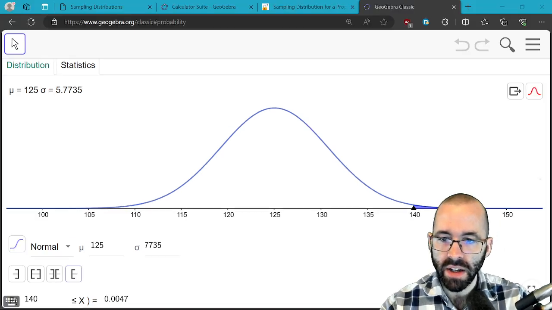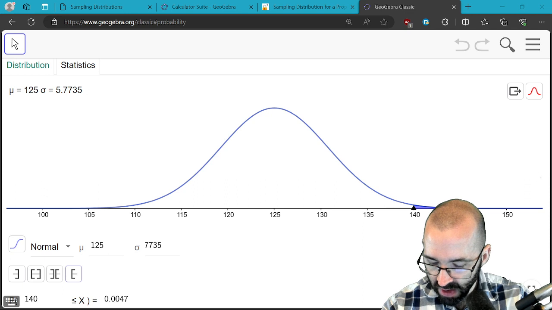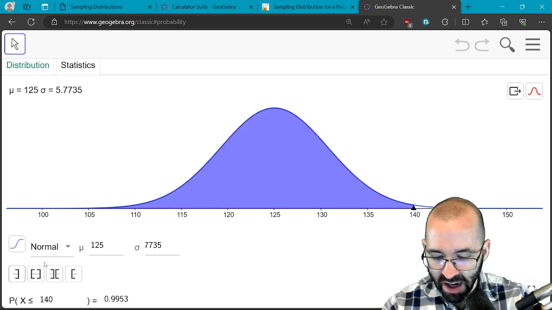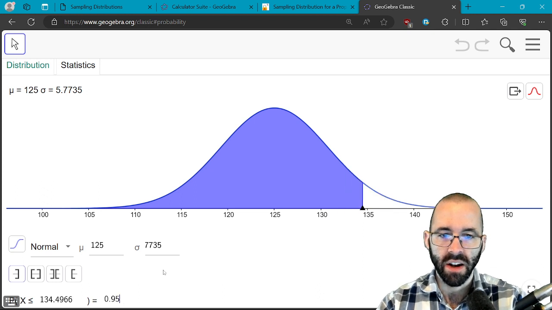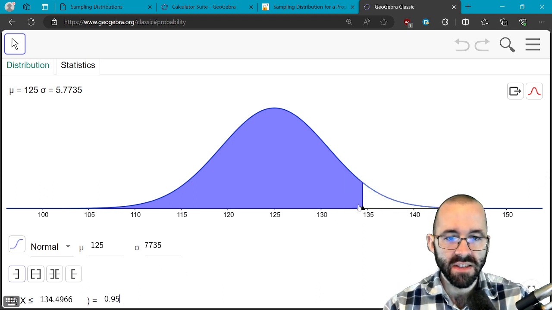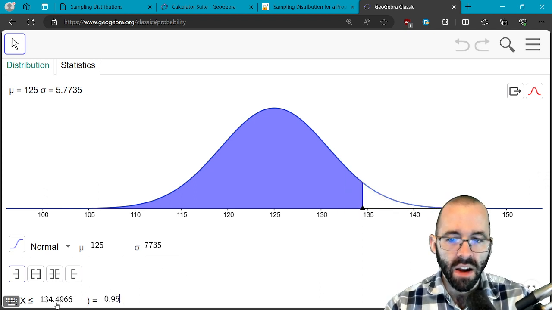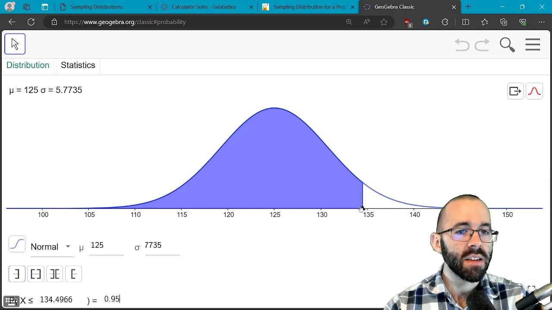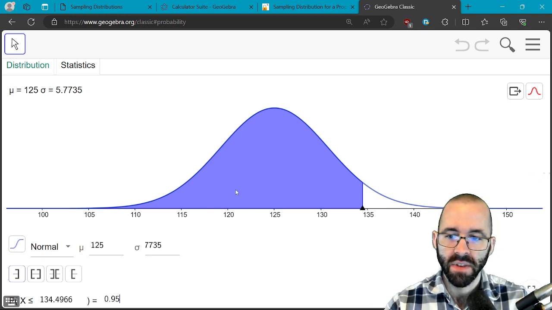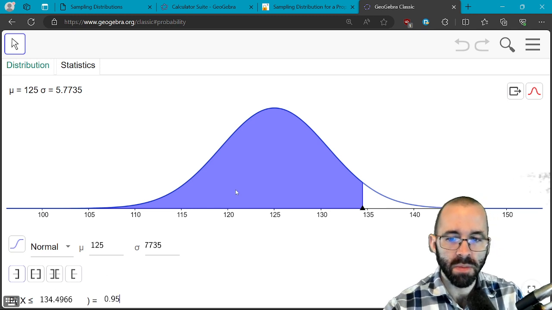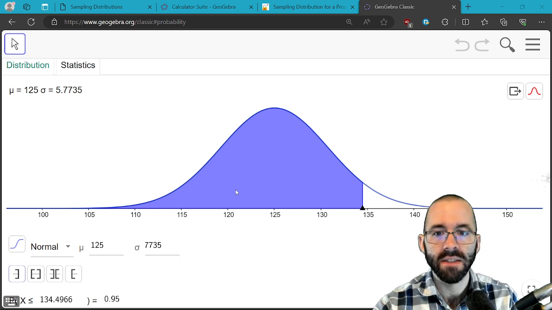So what you'll do is you'll go over here and say, all right, we want to be above 95% of the data. You just put in 95%, and you see that this data value right here, 134.5 about, is above 95% of the data. This is our 95th percentile. 134.4966.